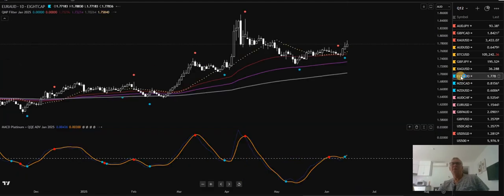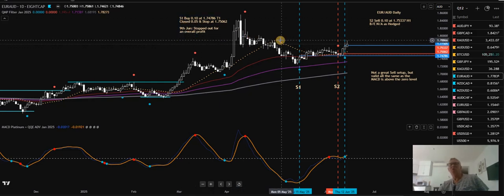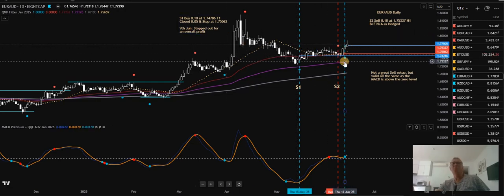Euro Aussie. All right, this is a bit of a bummer, this one. So S1, this buy from the 16th of May was stopped out. So I just leave the trades on the chart for the weekend video so you guys and girls can see what trades have been stopped out during the week. So 9th of June, early in the week, Monday, I was basically stopped out, and the same day I took a sell.